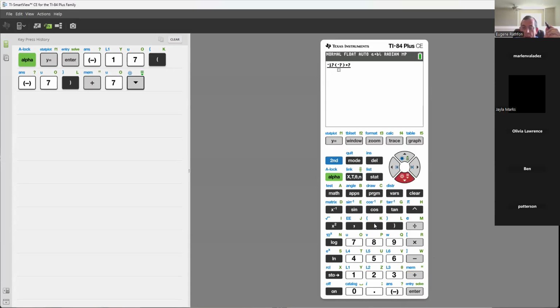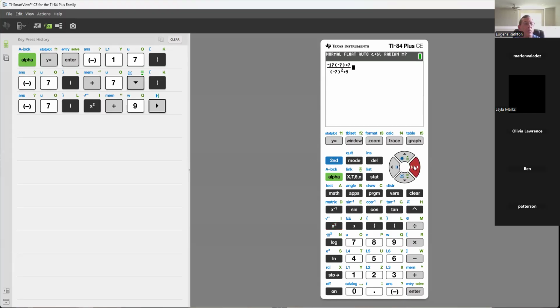On bottom, I'm going to put this in parentheses, negative 7, square that, and then plus 9. So it looks exactly like we had it written down. The nice thing is, if you put it in like this as a fraction, it will give us a reduced fraction answer of 63 over 29. So y'all, your calculator is awesome at doing any of these kinds of problems, okay?